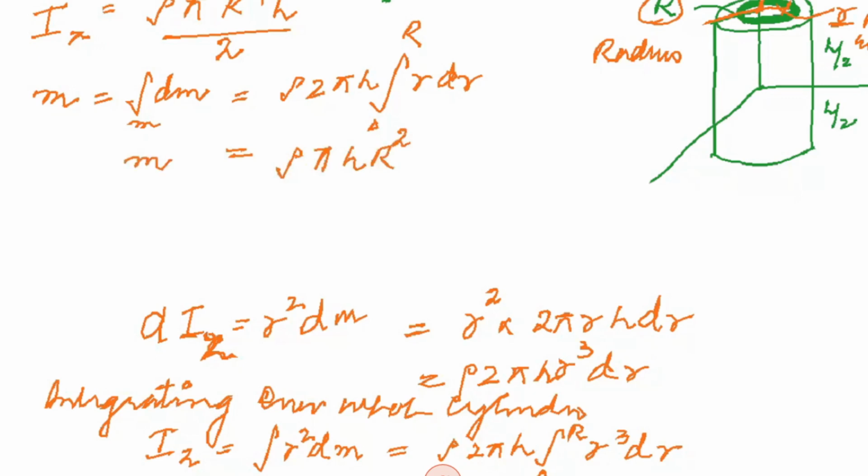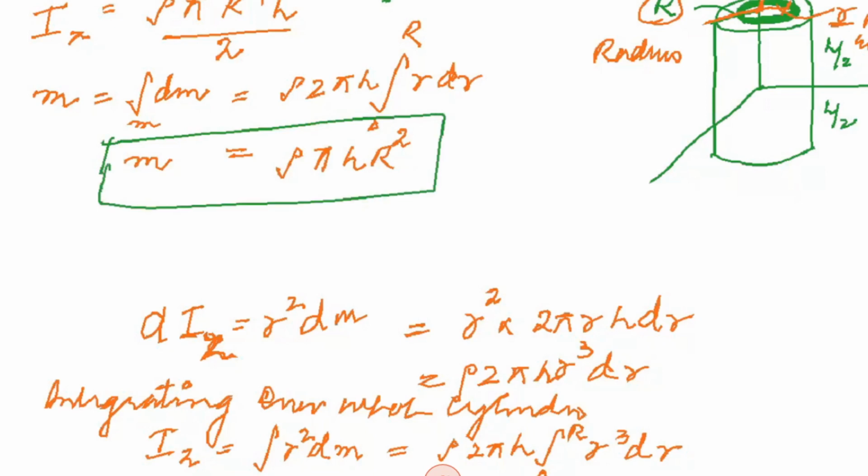This will be equal to m. So your mass will be equal to rho pi h R square.